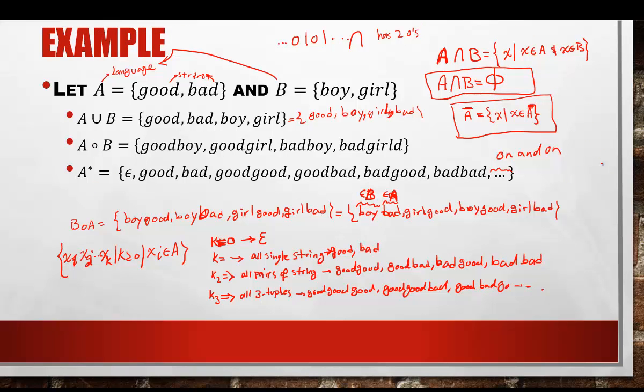Just by looking at the union here, if I have a set A and a set B, and each of them has two elements in them, their union is a bigger language, right?